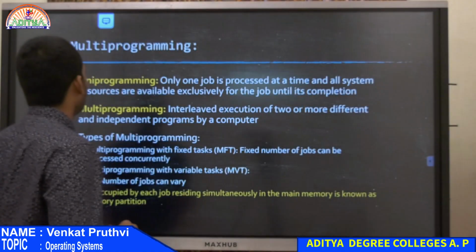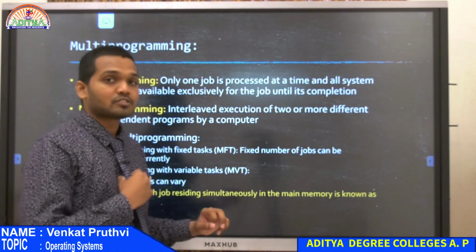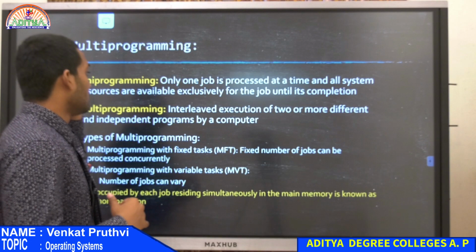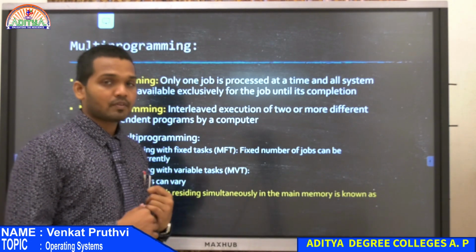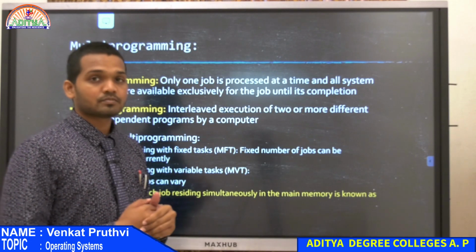Then we stopped where we have to discuss the different types of programming mechanisms we have in order to process those tasks.